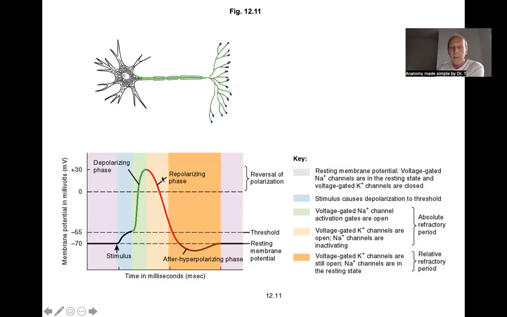And of course, in order to bring the polarity back to 0 and back to negative 55 and negative 70, we need to think about whether it could be done by the same channels, reopening them. No, it would not be good enough. We have to opt for different channels that allow different ions to move out of the cellular space, out of the cytosol.